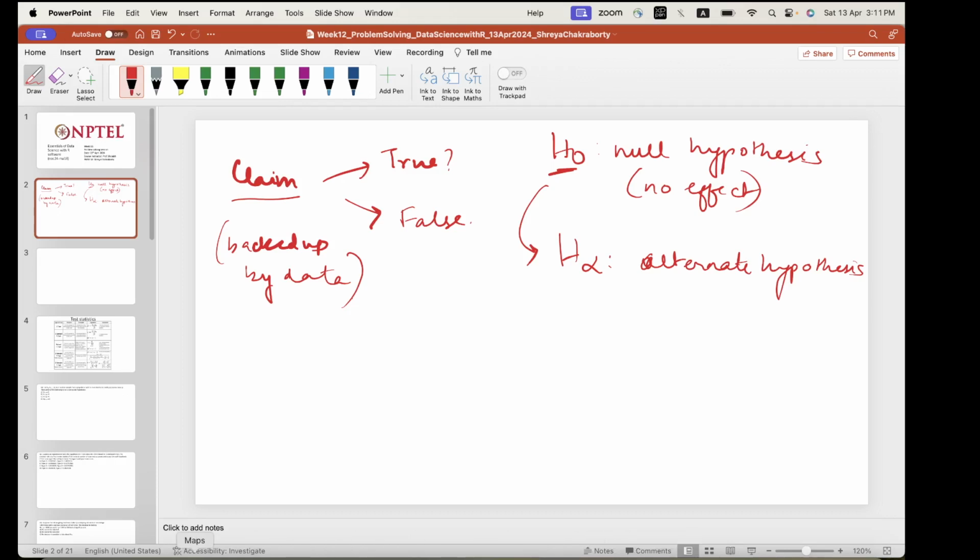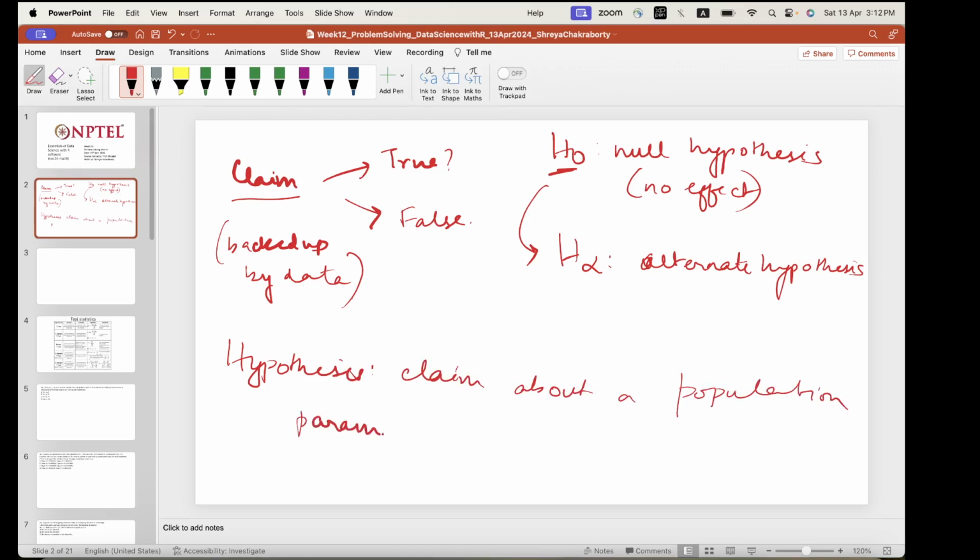we have learned the definition of hypothesis, and what we are doing statistically. A hypothesis will make a claim about a population parameter theta. Okay, population parameter theta, which is actually unknown.